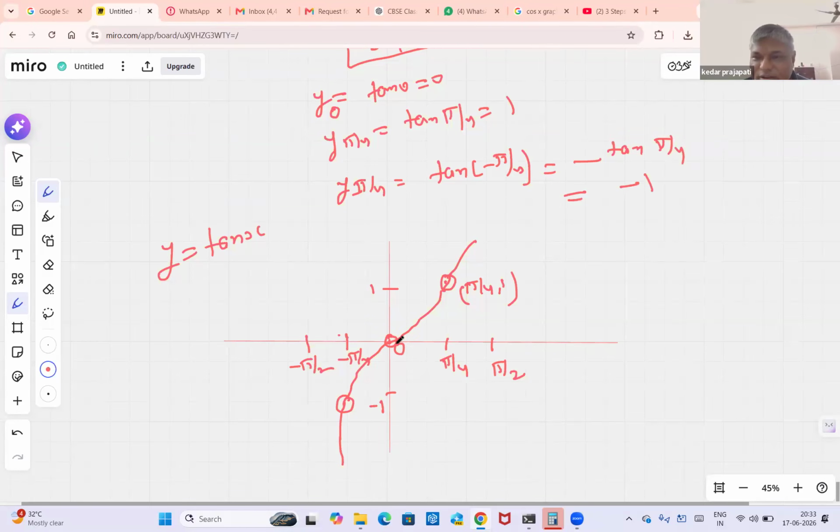Any difficulty here? Yeah. So now our coordinates are 0, 0 here. Then pi by 4, 1. And this is minus pi by 4, minus 1.